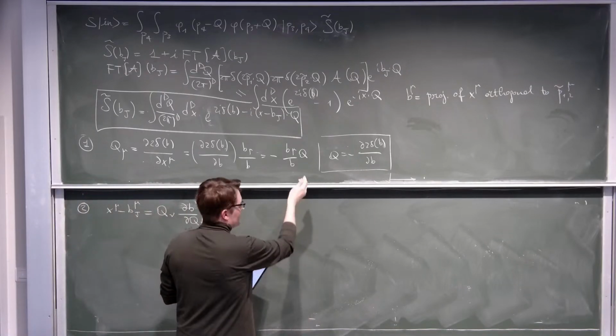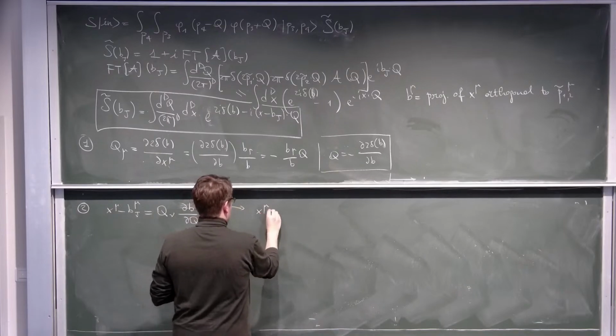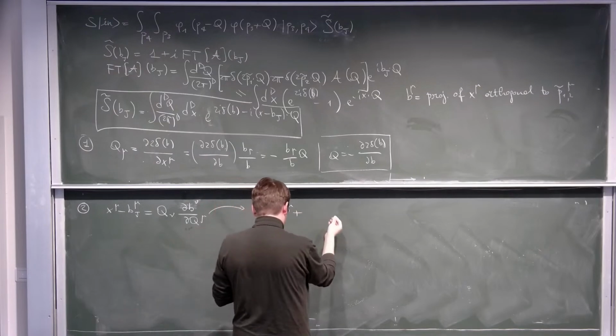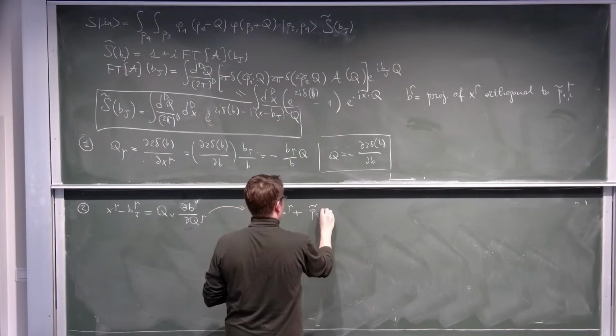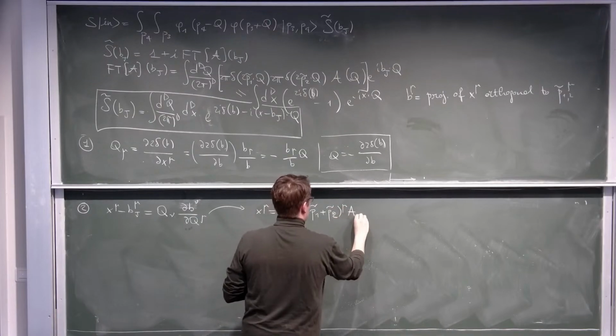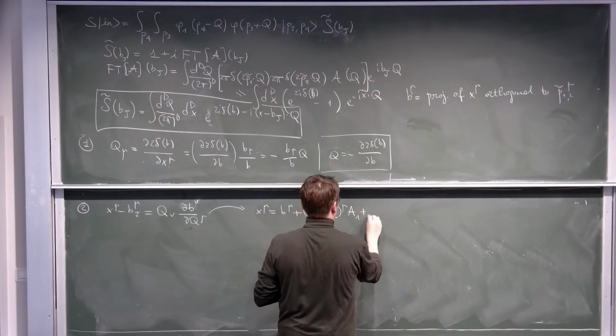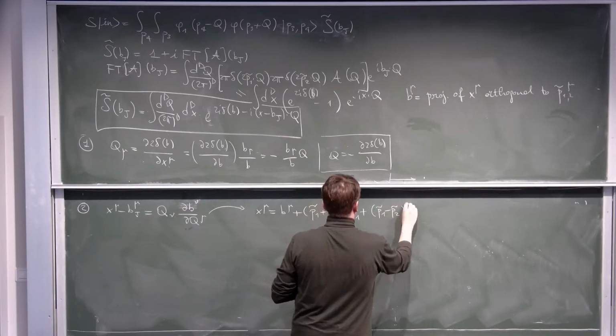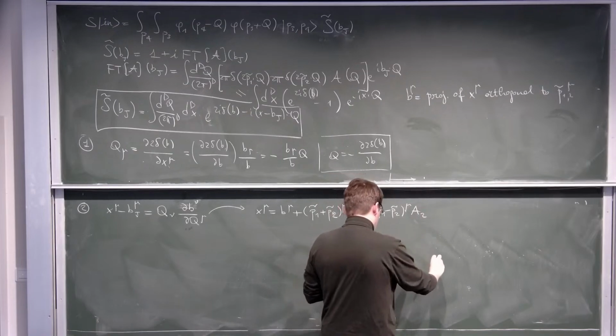Okay, so the idea is to just write down the expansion. So x will be this b plus some decomposition. Let me write down in terms of p tilde and some coefficient to be fixed. Say p1 minus p2 and p1 plus p2 are two natural choices of vectors, right?